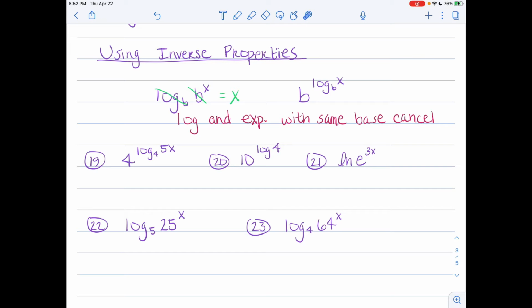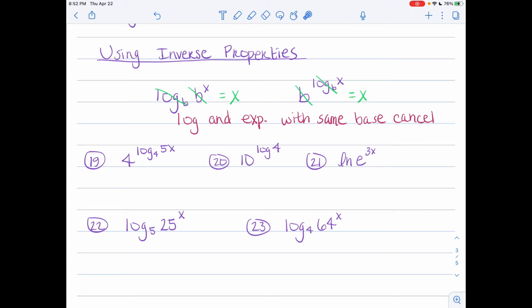It works in reverse as well. If we have an exponential expression raised to a log power with the same base, base b, whatever that number happens to be for our particular example, those will cancel, and we are left with an x. So make yourself a note that the log and exponents with the same base cancel.